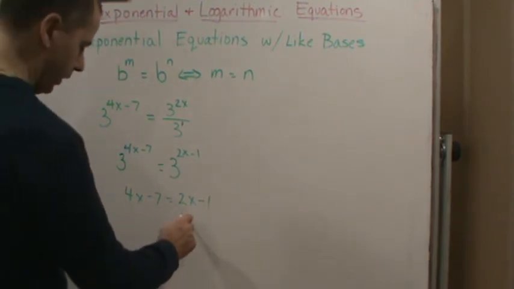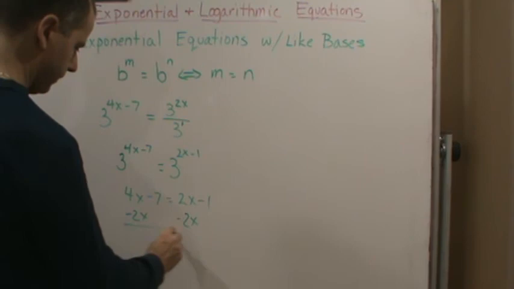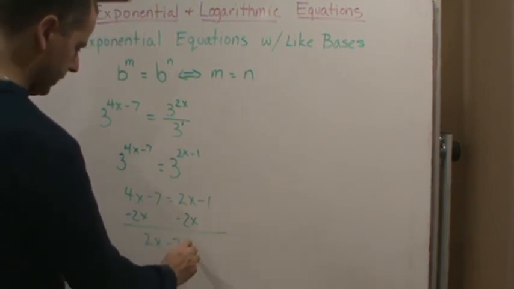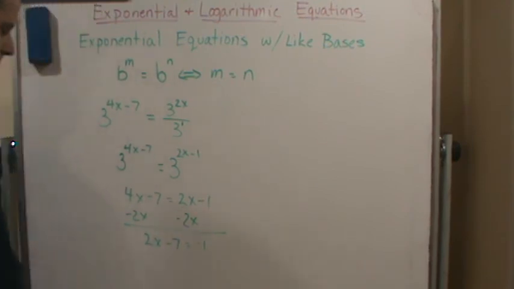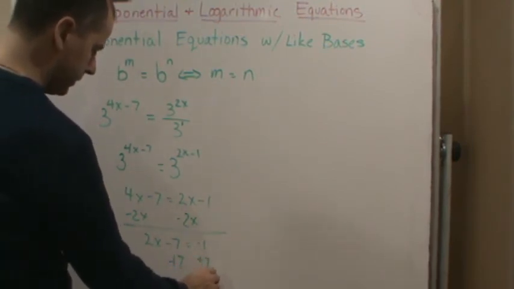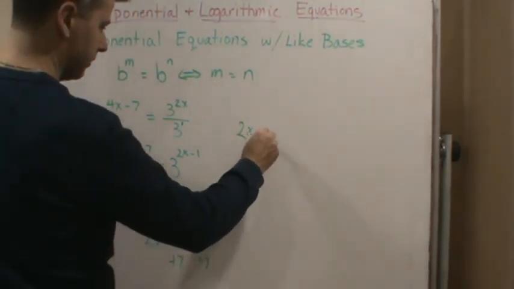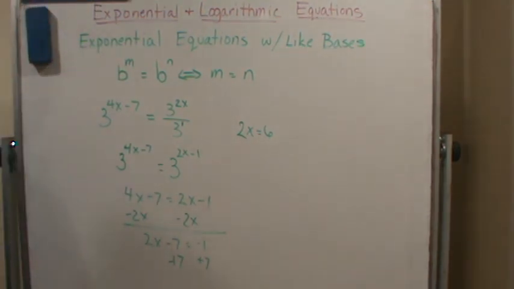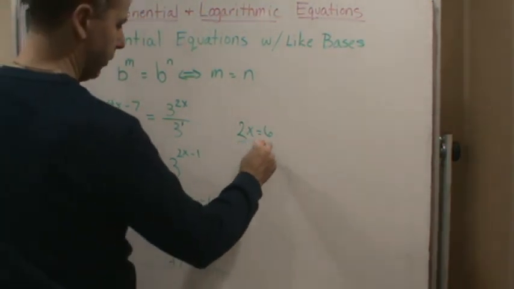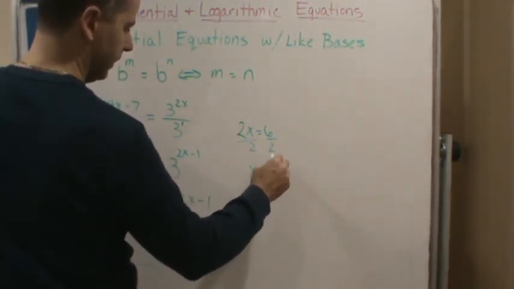And so if we subtract 2x from both sides, we get 2x minus 7 is equal to negative 1, and then we add 7 to both sides, right? And we get 2x is equal to 6, right? And then we divide both sides by 2, and we find out that x is equal to 3.